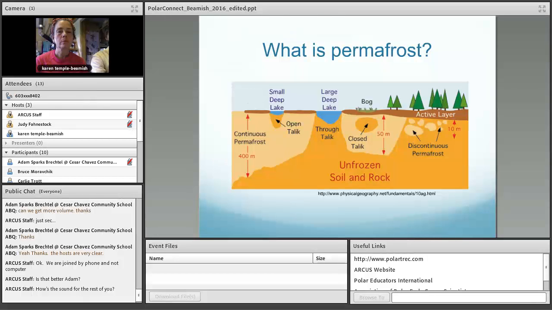What happens in really cold regions of the Arctic, mostly at really high latitudes in the north, is the air temperatures are so cold that the ground everywhere is frozen. That's a continuous permafrost zone. So anywhere you go on the landscape, you'll find frozen ground underneath you. As you move further south and the air temperatures get warmer and warmer, the climate no longer supports as much permafrost and doesn't force all the ground to be frozen.